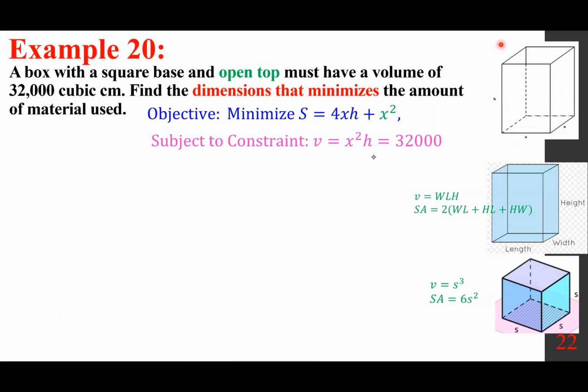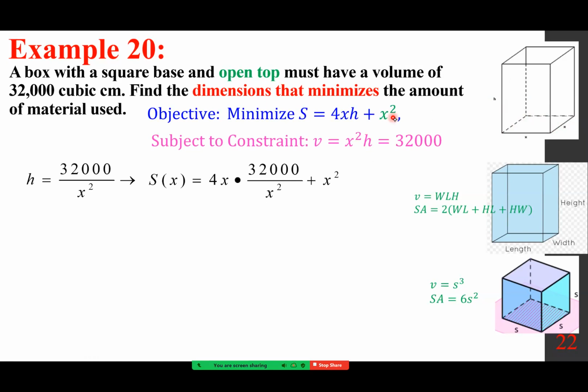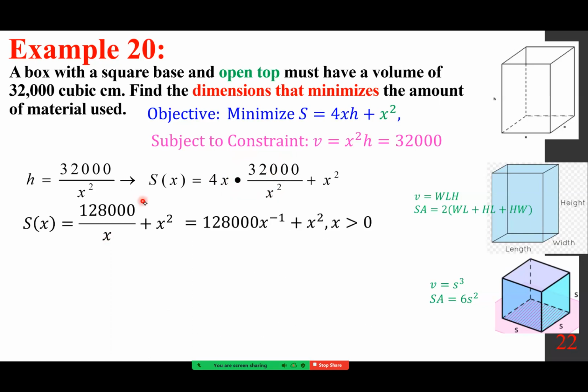We're going to solve for h, and we're going to put it into this function to make it a function of one variable. Four times 32,000 is 128,000. This x goes away. This becomes x only. And if I bring this up, it makes it easier for the next part, which is differentiation.